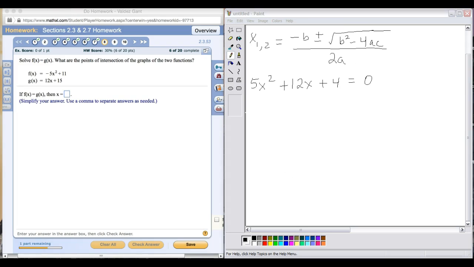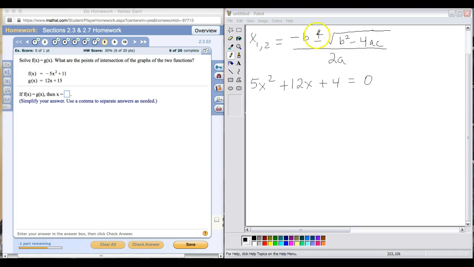All right, so I've cleared out some room so that we can solve this problem by using the quadratic formula. If you notice here, the quadratic formula is written above, and the x with the subscript 1 and 2 just basically means that we're expecting up to 2 solutions.